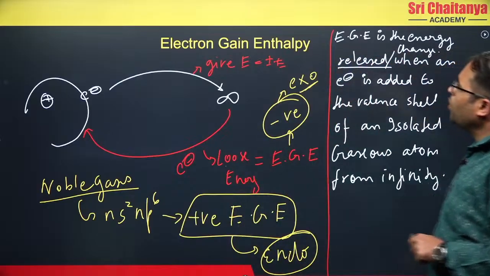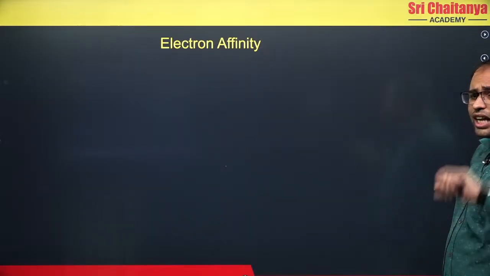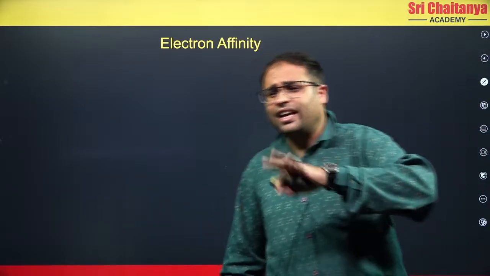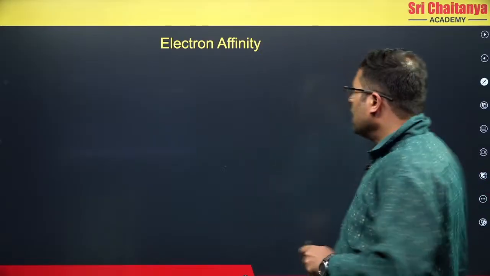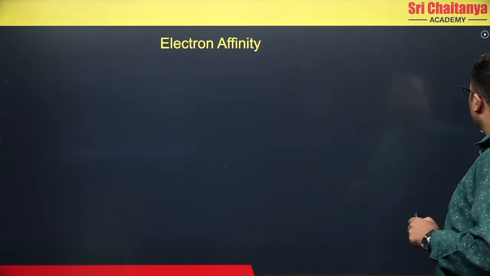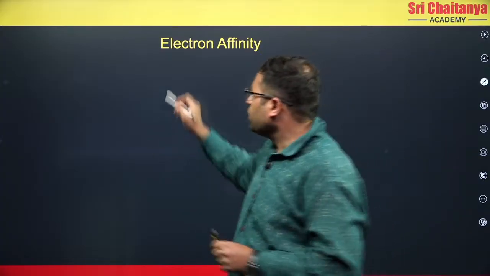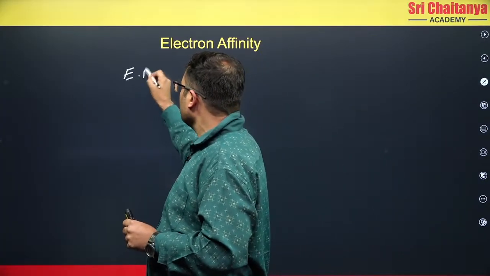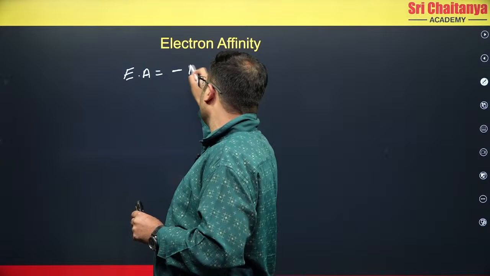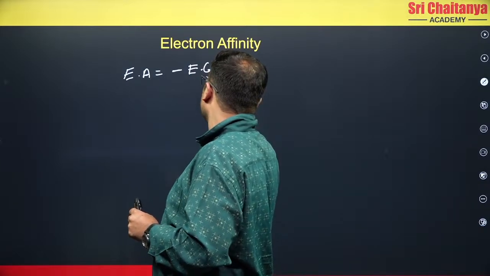Now let's move forward towards another similar term called electron affinity. What do we mean by electron affinity? Simply put, electron affinity is the negative of electron gain enthalpy.